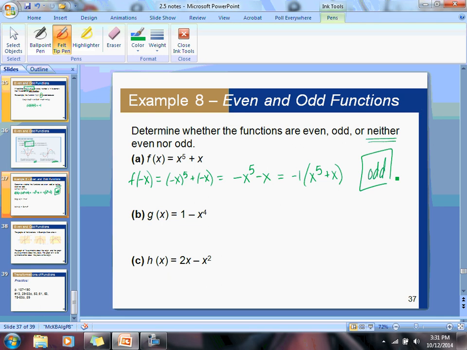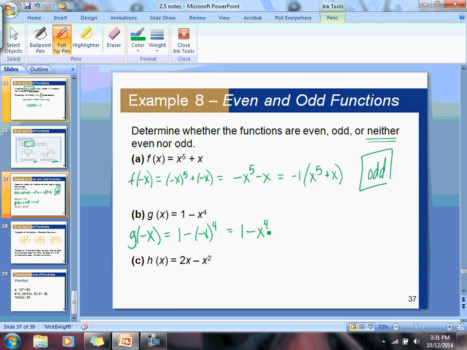For part B, I have g of x equals 1 minus x to the fourth. So I'm just going to substitute in a negative for the x. So I'll have 1 minus negative x to the fourth. And negative x to the fourth is going to be x to the fourth, so 1 minus x to the fourth.